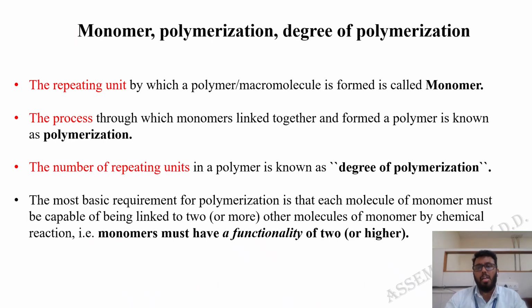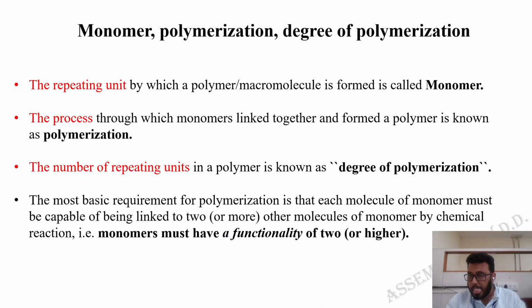Okay, so you should also know some terminologies like monomer, polymerization process, and degree of polymerization. The repeating unit by which a polymer or macromolecule is formed is called a monomer. Something like a simple building block. You might have played with building blocks, constructing a large building from a small building block.